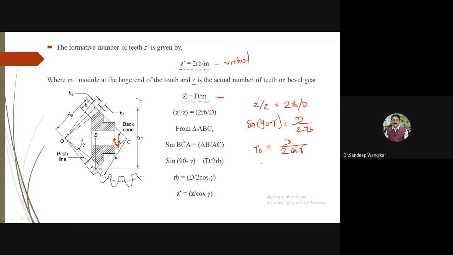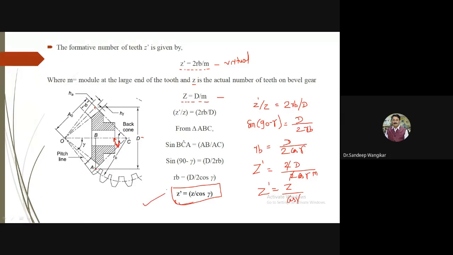Now substitute this RB value in your Z dash. Z dash is equal to twice RB, so D divided by 2 cos gamma into M. The 2 gets cancelled, and Z dash is equal to D by M, which is nothing but Z, and the remainder is cos of gamma. One step was missing, therefore I went through this stage.